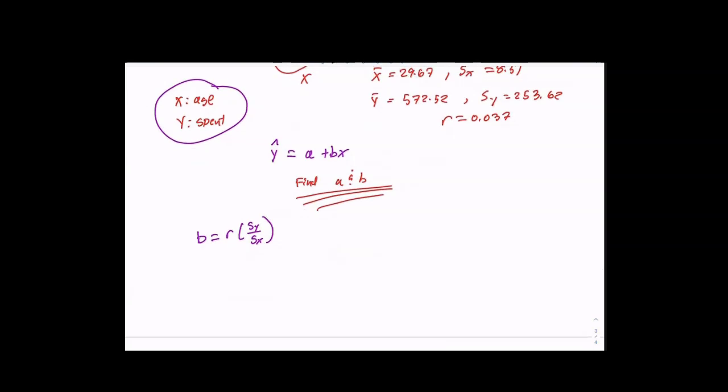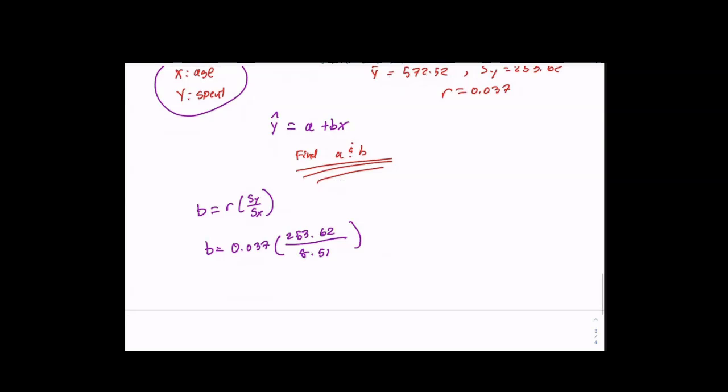So now we're going to utilize this equation. This gives me b equals 0.037 times the standard deviation of y, and all I do is plug in, over 8.51. When I plug that into my calculator, I get about 1.10.